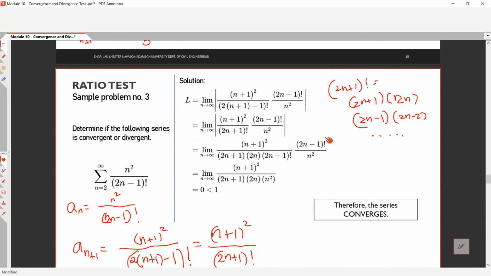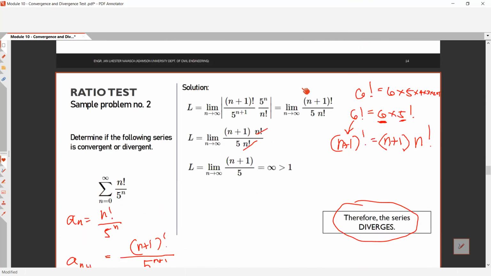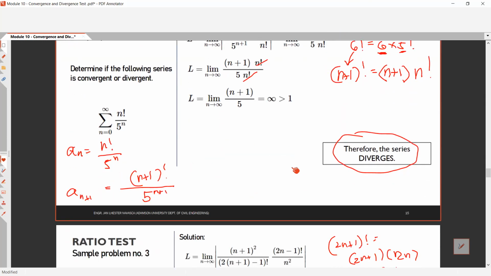Kaya natin to tinanggal, tinanggal natin yung numerator factorial term. Take note, kapag may dalawa kang factorial sa taas, you will simplify the numerator factorial term.